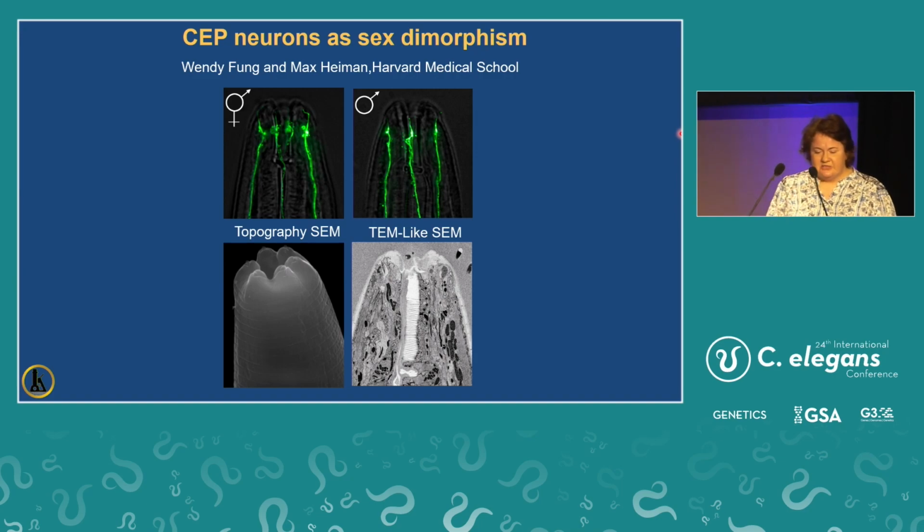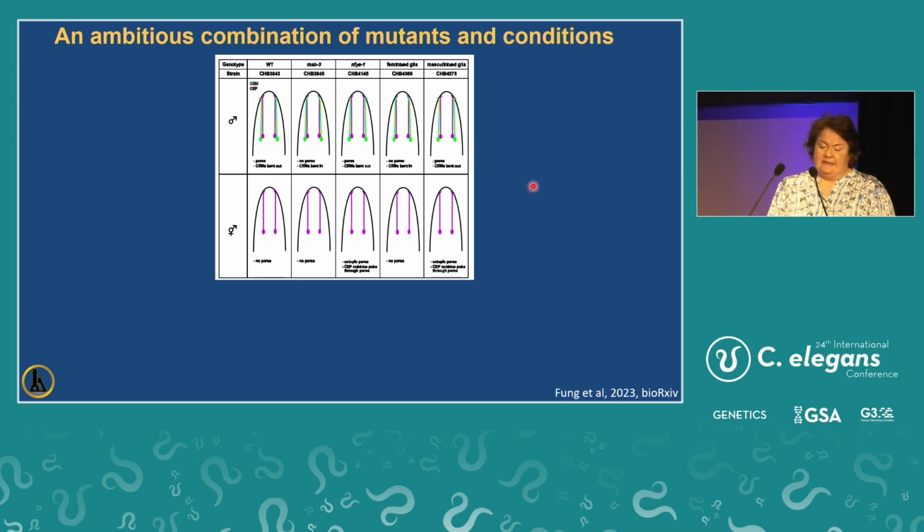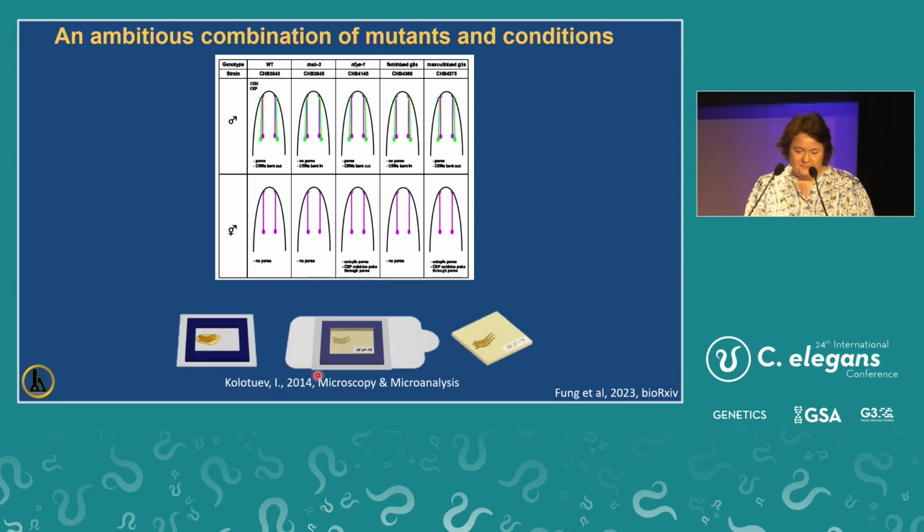They had quite an ambitious project involving different sensory neurons, and actually the dimorphism between the male and hermaphrodite. And at first we thought to do something correlative, but then because they had so many different conditions, and for each condition it was important to see that more than one animal is behaving the same, right?